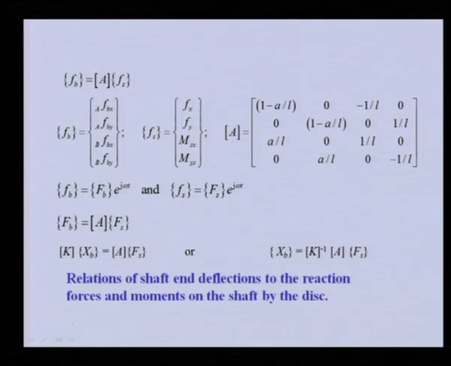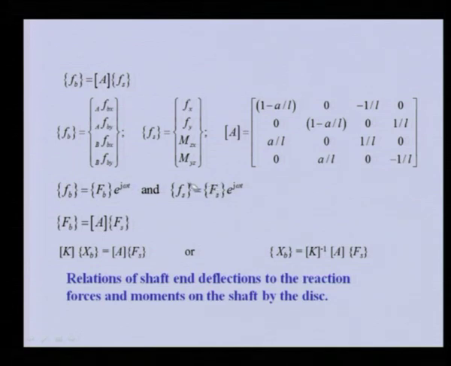This relation relates the bearing force with the shaft reaction force from the disc. Again, this bearing force we can write in terms of the amplitude and phase information and the harmonic term. The shaft reaction force coming from the disc obviously has the spin speed as its frequency, because it is coming from the unbalance, and this is the amplitude and phase of the shaft reaction force.